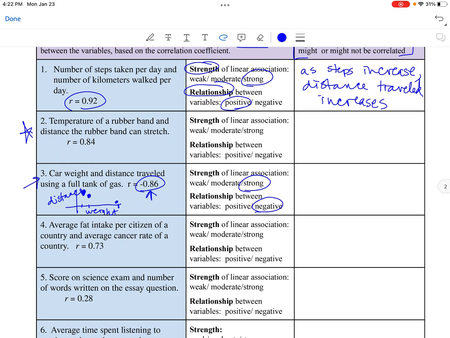Because tanks are different sizes. Those big cars actually can get far, they have bigger tanks. So you might get a stronger correlation if it was miles per gallon or something. But to explain, you might say heavier cars are less fuel efficient.